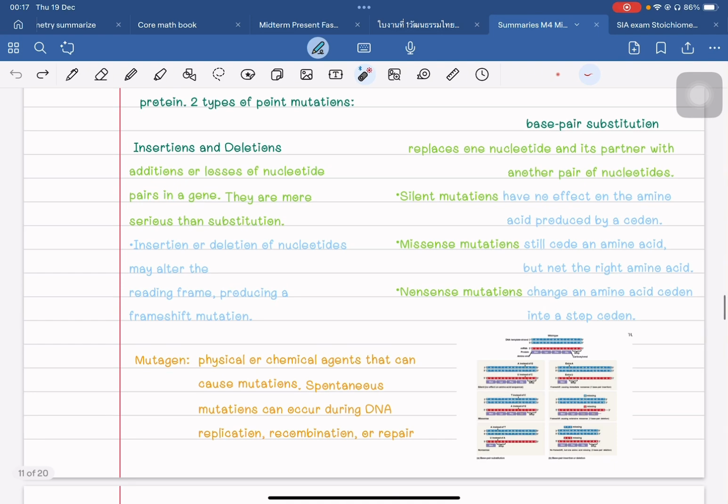A little note is about mutagens, physical or chemical agents that can cause mutations. Spontaneous mutations can occur during DNA replication, recombination, and repair, but they cause small problems, so small to no problems at all.